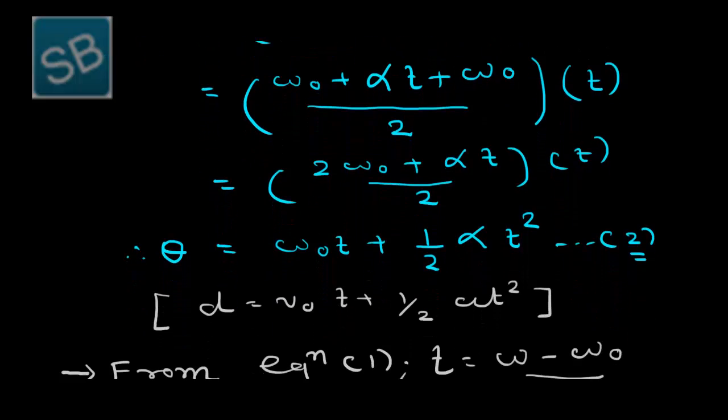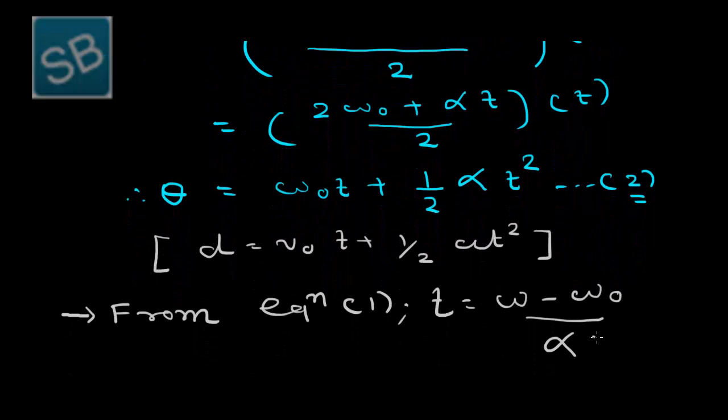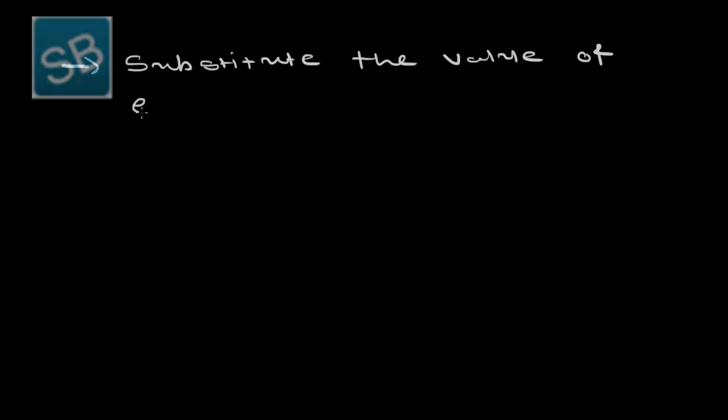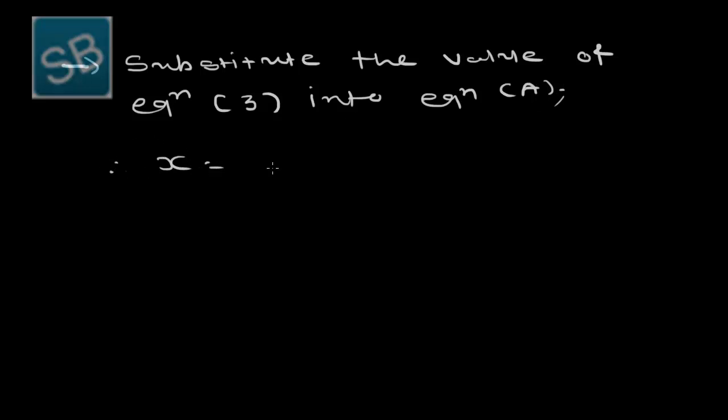So now substituting the value of t from equation 3 into equation a, theta equals omega plus omega 0 divided by 2.